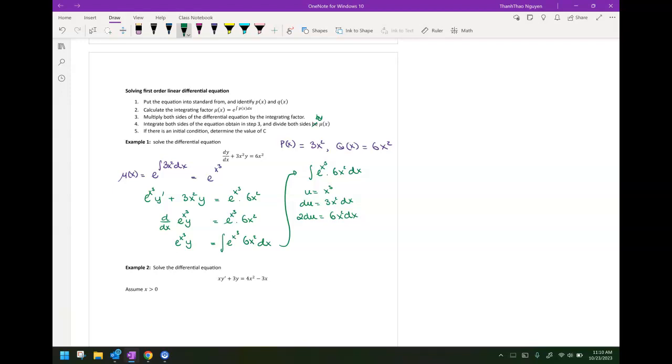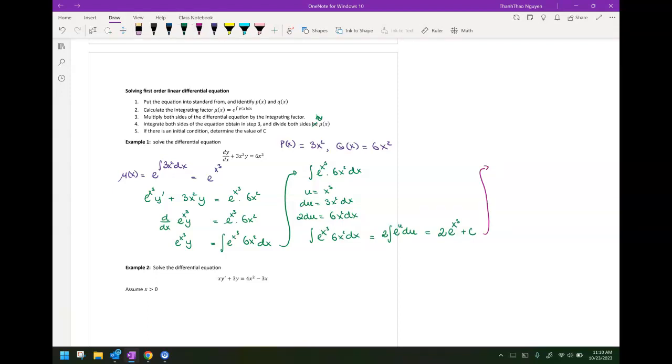So then the left hand side, the integral of e to the x to the third times 6x squared dx is equal to 2 times the integral of e to the u du, that is 2e to the x to the third plus c. Now put it all together.